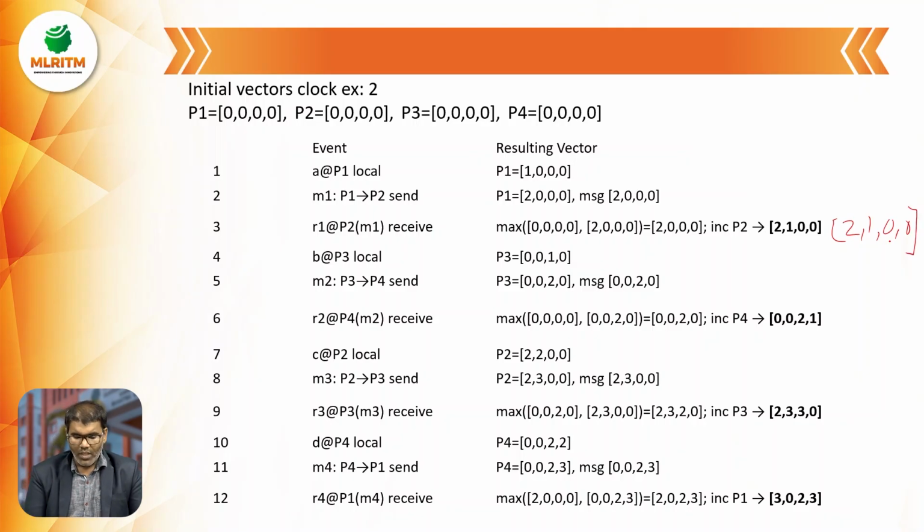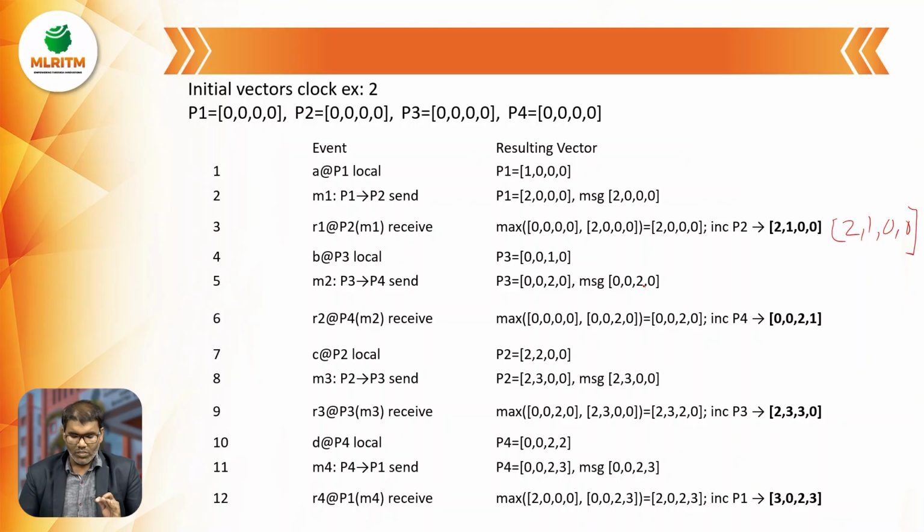Next, fourth one, b at the rate P3 local, means P3 is equal to 0 comma 0 comma 1 comma 0. So here fifth one, M2: process P3 is sending to process P4 in the form of P3 is equal to 0 comma 0 comma 2 comma 0, and the message is received in the form of 0 comma 0 comma 2 comma 0.